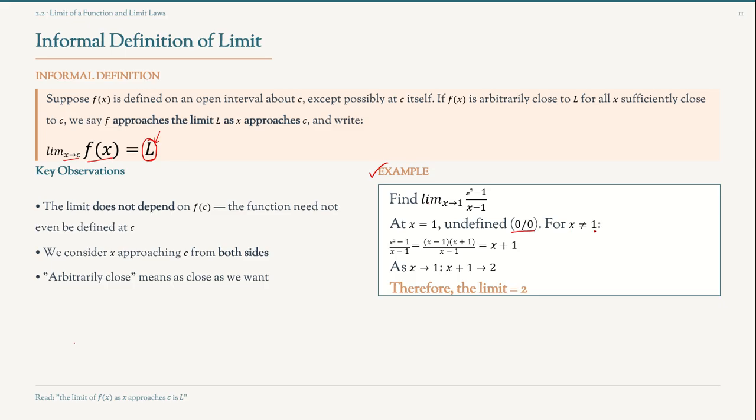So for x not equal to 1, x square minus 1 by x minus 1 is x plus 1. As x tends to 1, x plus 1 tends to 2. So the limit is 2.